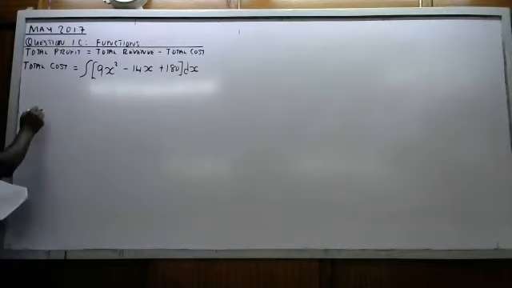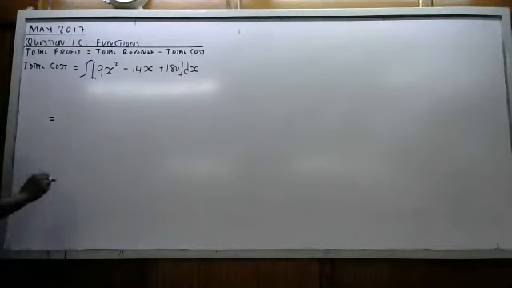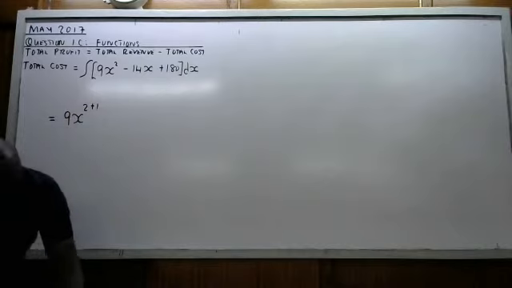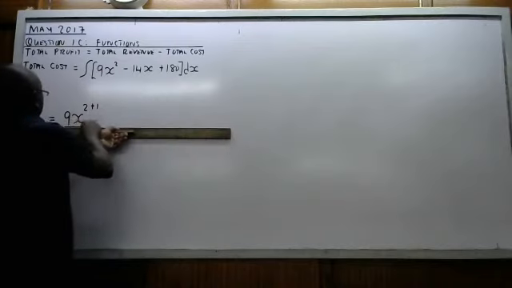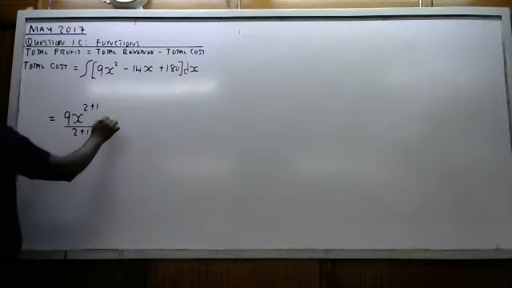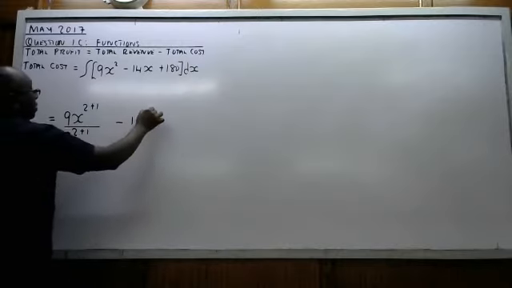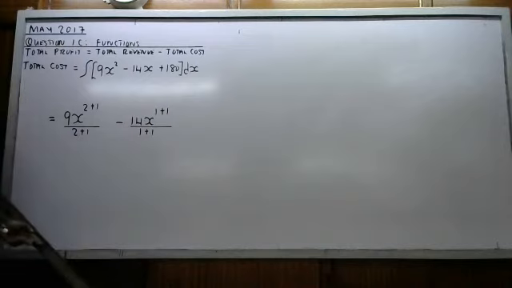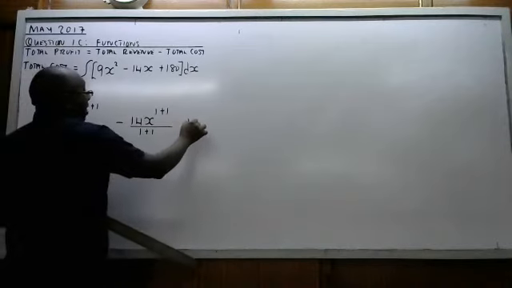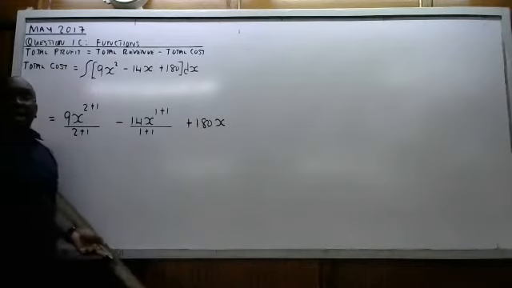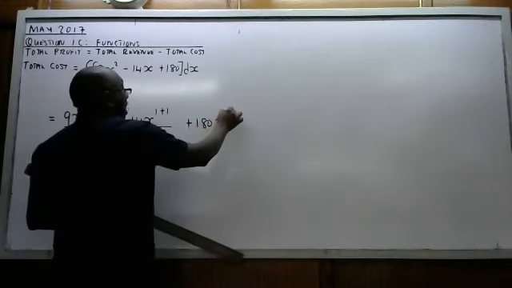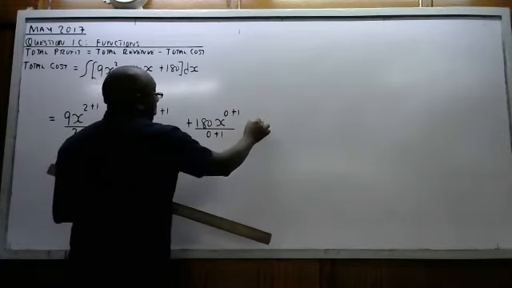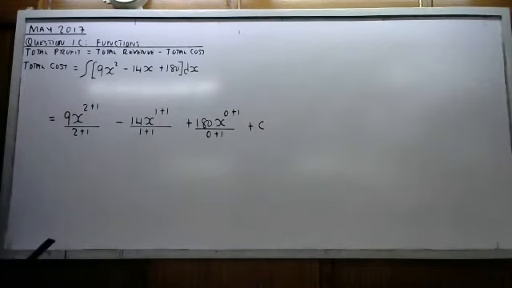So in doing this, you get 9x squared, you add back 1, you divide by 2 plus 1, minus 14x raised to power 1, you add back 1, you divide by 1 plus 1, plus 180, which is x raised to power 0, you add back 1, you divide by 0 plus 1, plus c, the constant of integration.